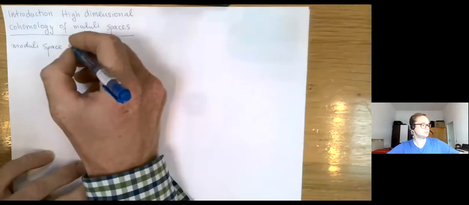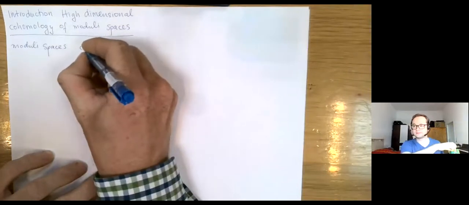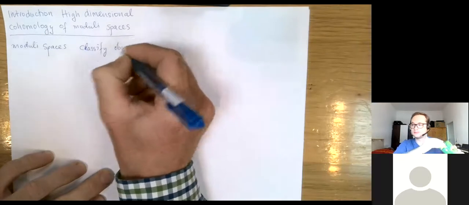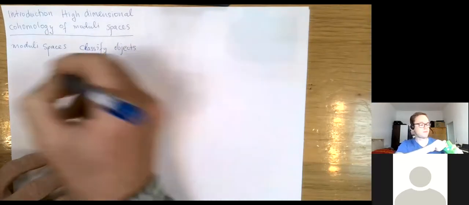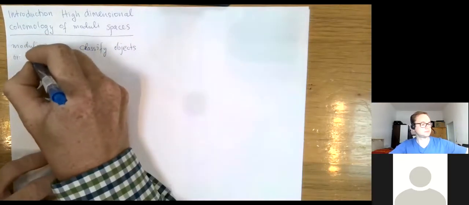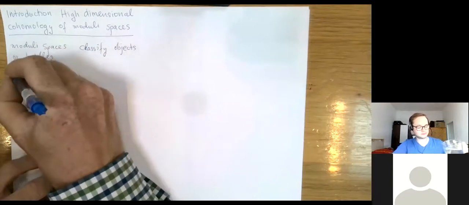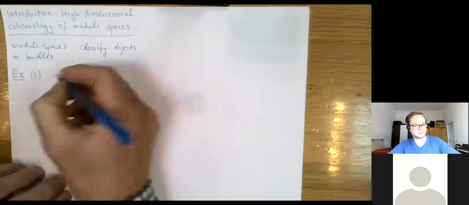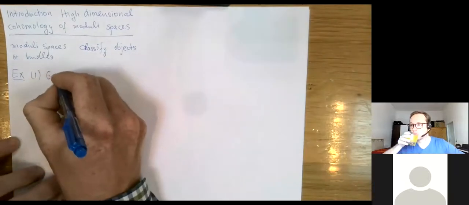So moduli spaces classify objects, bundles, and maybe as an example, first example is the Grassmannian.